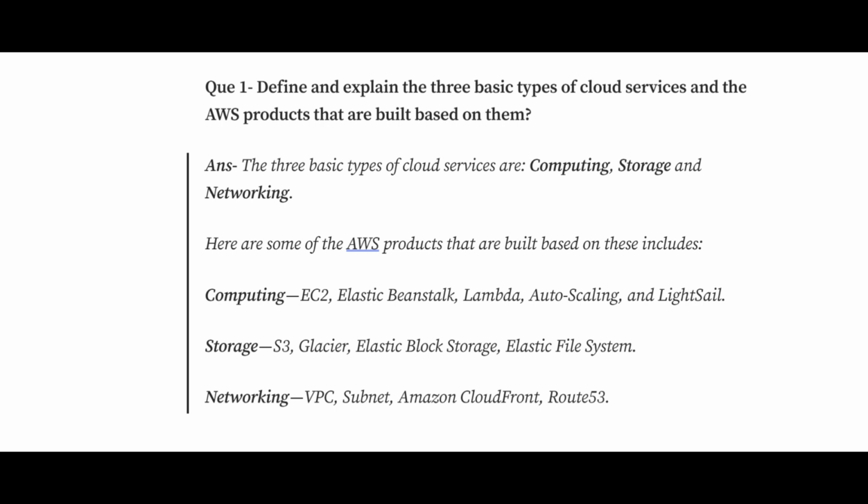Some of the AWS products built on these include EC2, Elastic Beanstalk, Lambda, Autoscaling, and Lightsail for computing. We have services like S3 Glacier, EBS, and EFS when we talk about storage. Similarly, when we talk about networking, we have VPC, Subnet, Amazon CloudFront, and Route 53.